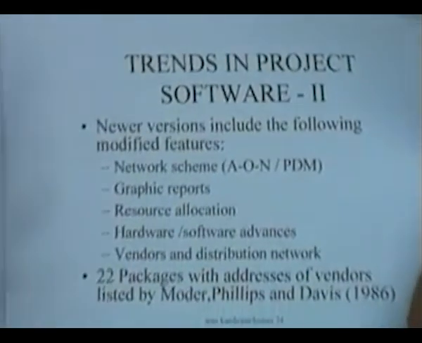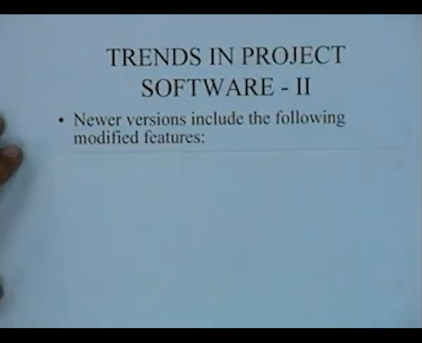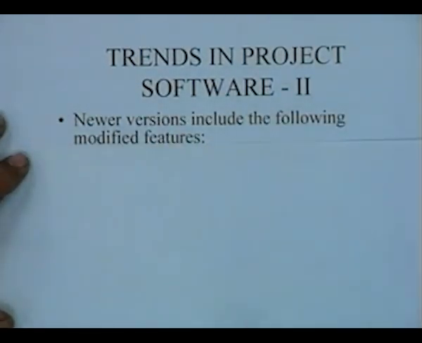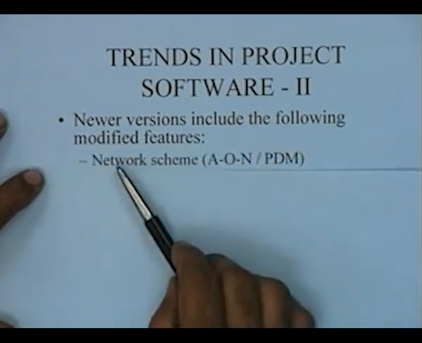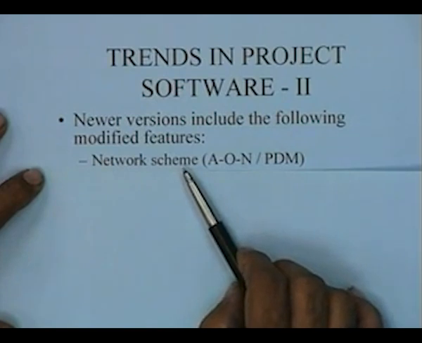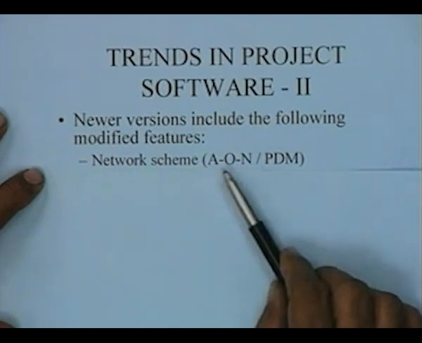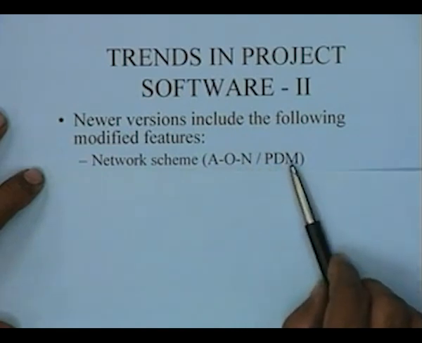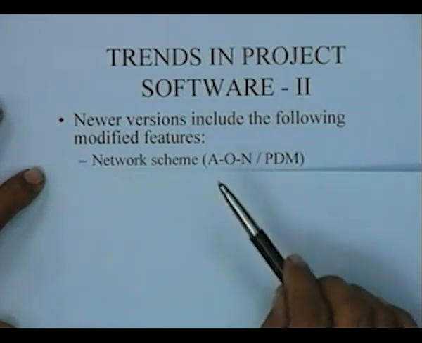What has been happening recently is that newer versions typically include some modified features. What are these modified features? First thing is that in the scheme of the network itself, there is an increasing trend in most of the commercially available software these days to go in for either an activity on node network representation or a PDM representation. In fact, AON is a special case of PDM, as you know.